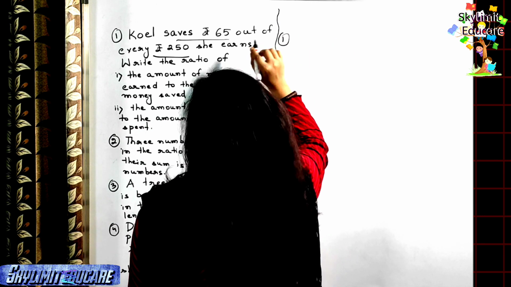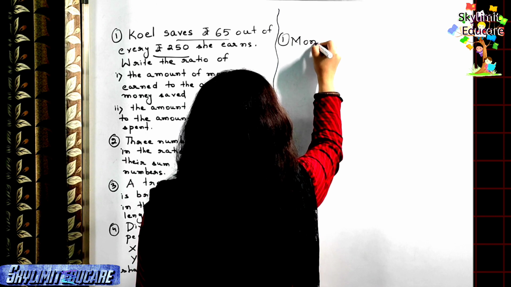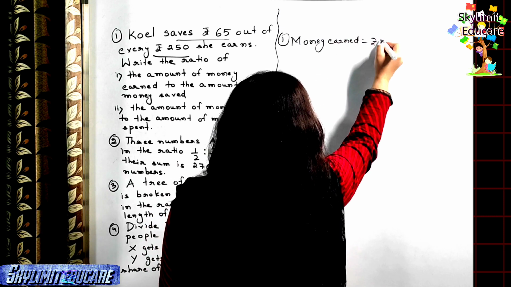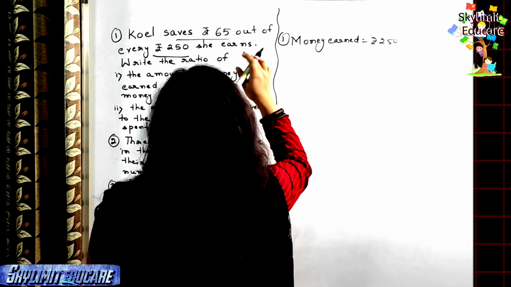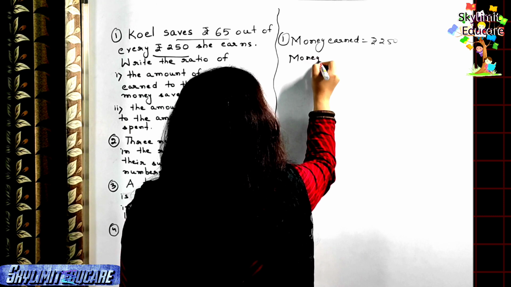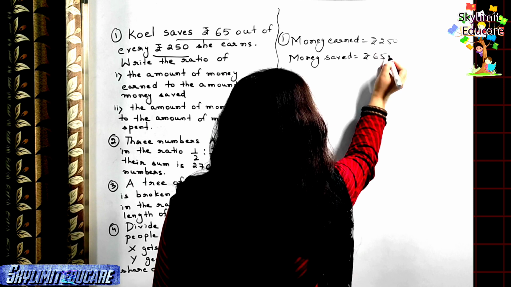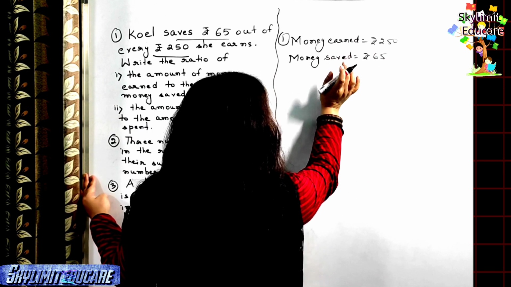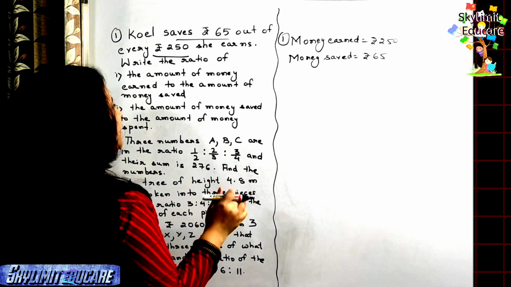So out of every rupees 250, money earned is rupees 250. Out of every rupees 250 she saves rupees 65, so money saved is rupees 65. And if she earns rupees 250 and saves rupees 65, then what is the money spent?